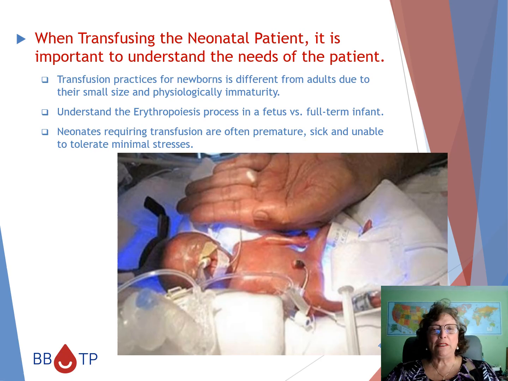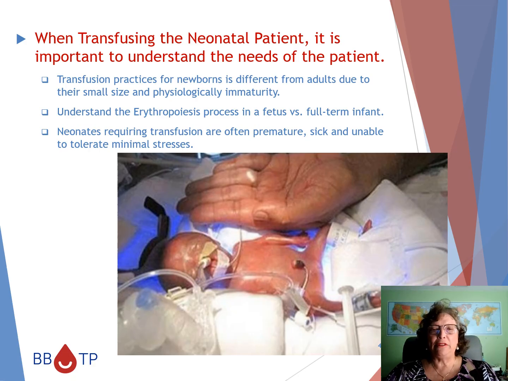So as you can see by this picture, the first thing that comes to mind is that the way we would treat a neonatal or a premature infant is going to be transfused a lot differently than the way we transfuse an adult. So one of the first things we have to understand is what are the needs of these patients.